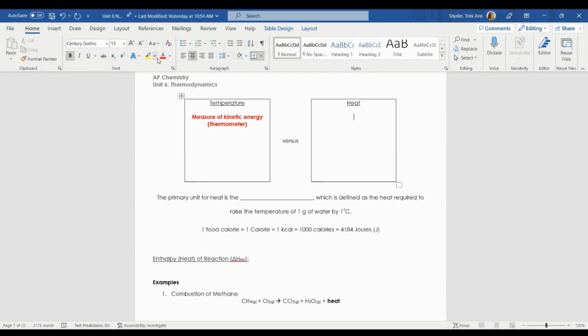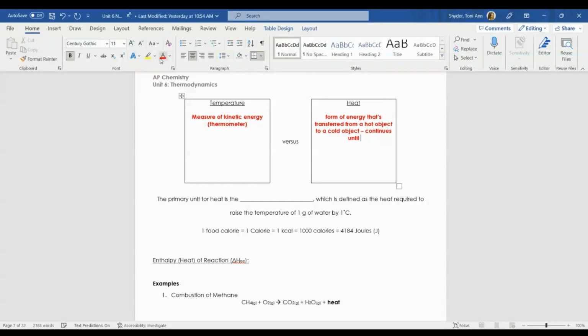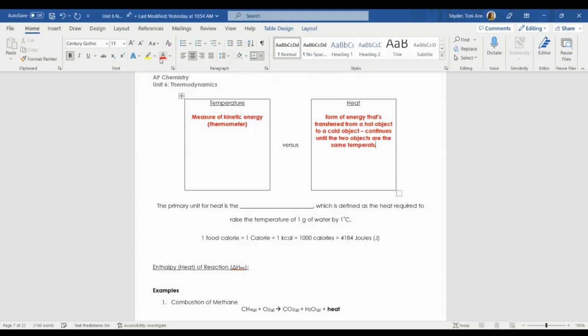Let's make this red here. It's a form of energy that's transferred from a hot object to a cold object. And this continues until the two objects are the same temperature.